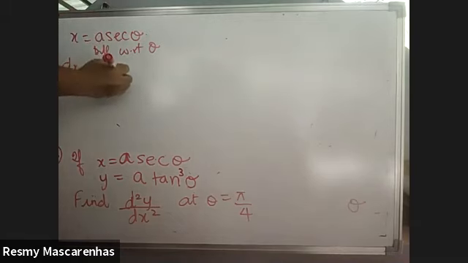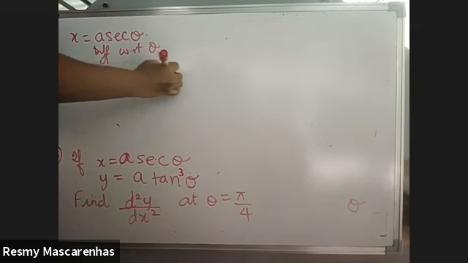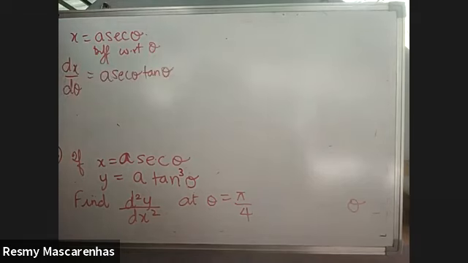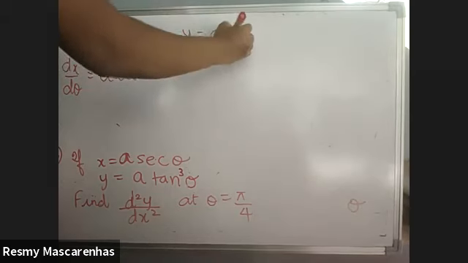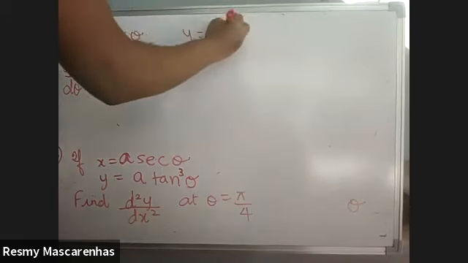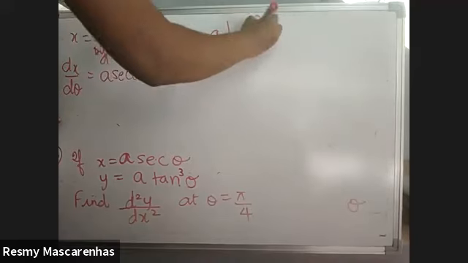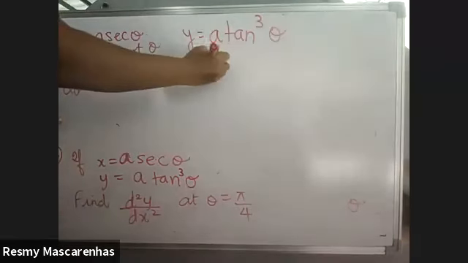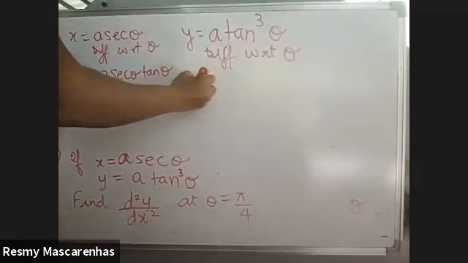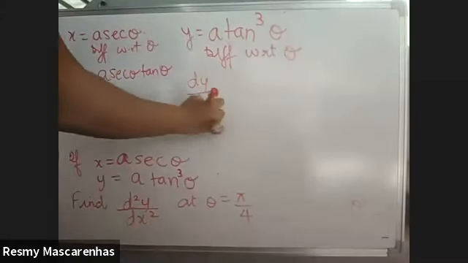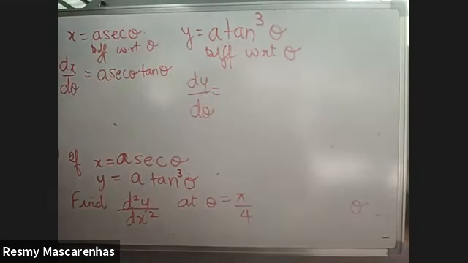Derivative of sec theta is sec theta tan theta. So this will be dy upon d theta. A will remain at the side only.